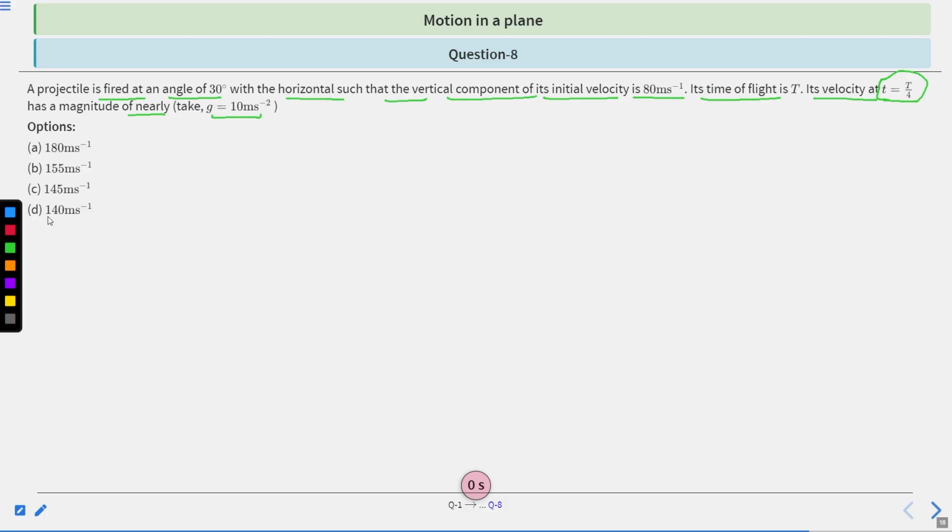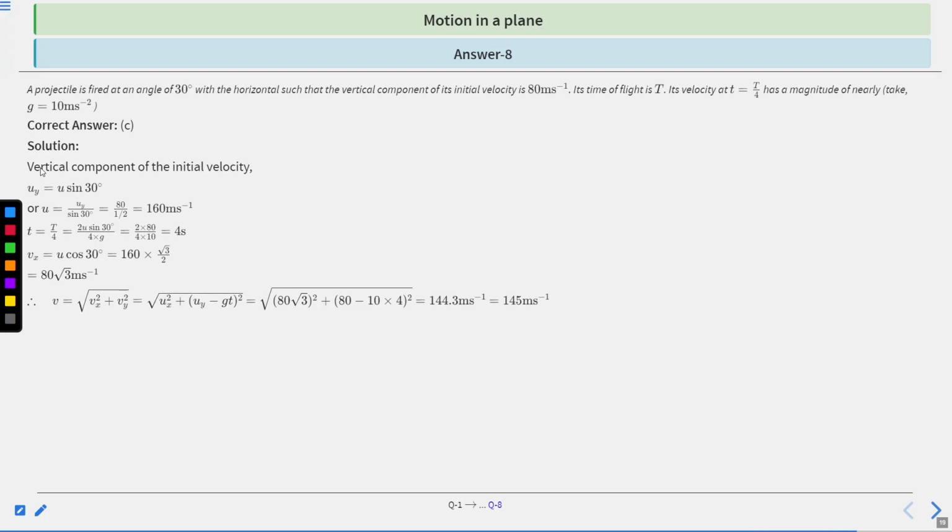Let's find the solution. The vertical component of the initial velocity is uy equals u sine theta. This is the vertical component velocity. So u equals uy upon sine 30 degree. Angle is 30 degree, given. After solving this term, the initial velocity is 160 meter per second.